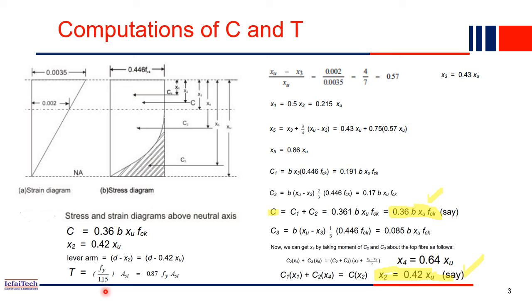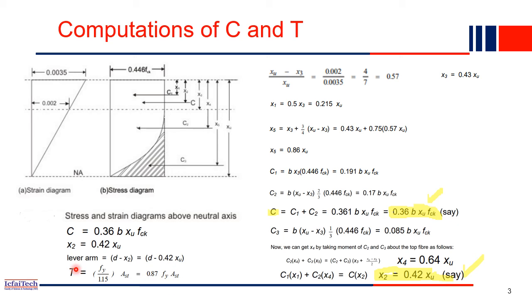We have seen the assumptions yesterday. The partial safety factor for concrete is 1.5, whereas the partial safety factor for steel is 1.15. So fy by the partial safety factor is the stress, and stress into area will give you the total tension force, right? Force is always stress into area. If you simplify it, you will get 0.87 fy into Ast.